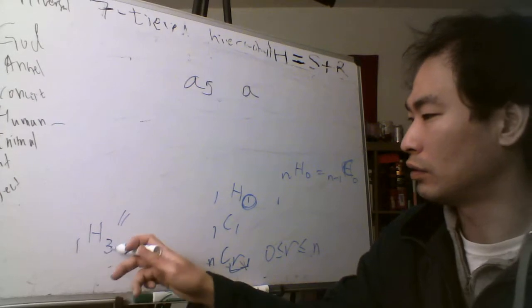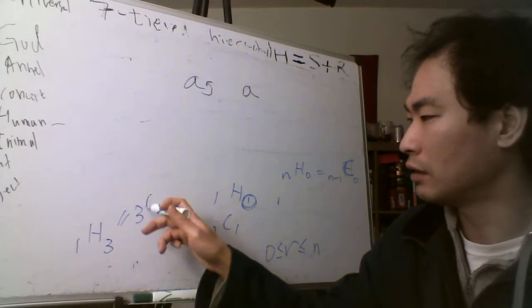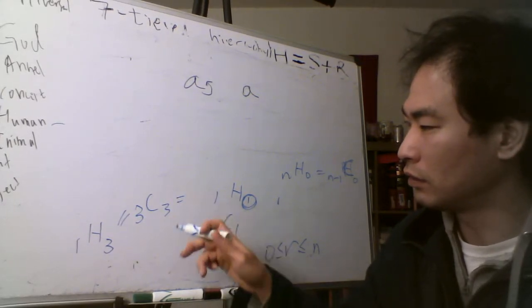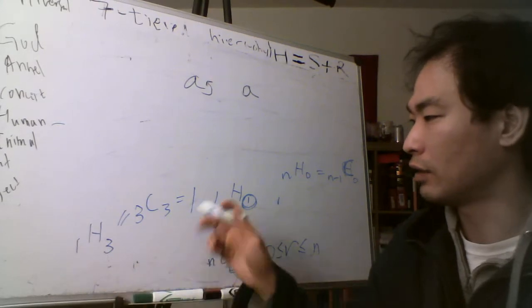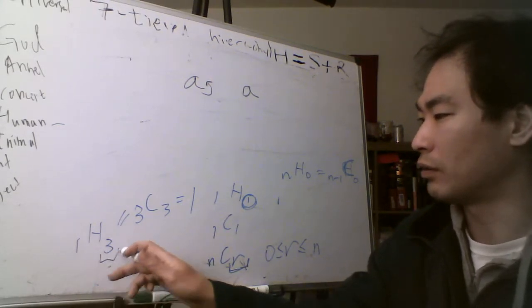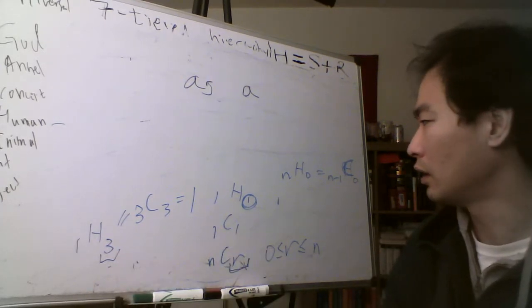It is equal to, you add 2, subtract 1, 3C3. Yes, this can be a very big number. There's no upper limit because we are allowing repetition.